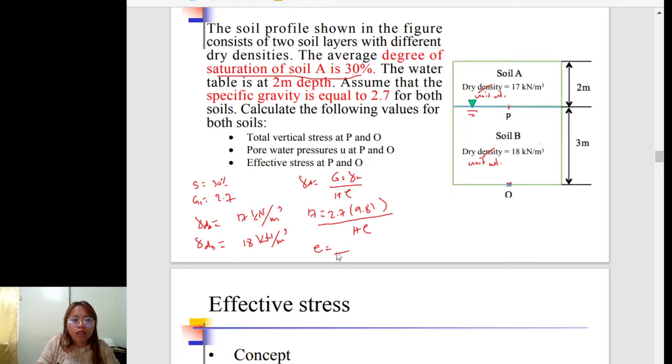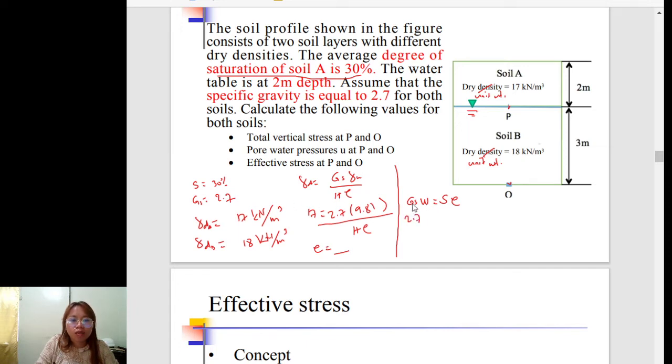Pag makuha nimo ang E ani, proceed to this formula. G sub S, unit weight, water content, S E, diba? Remember this formula. Because we are after the water content. So, to get the water content, substitute the value.